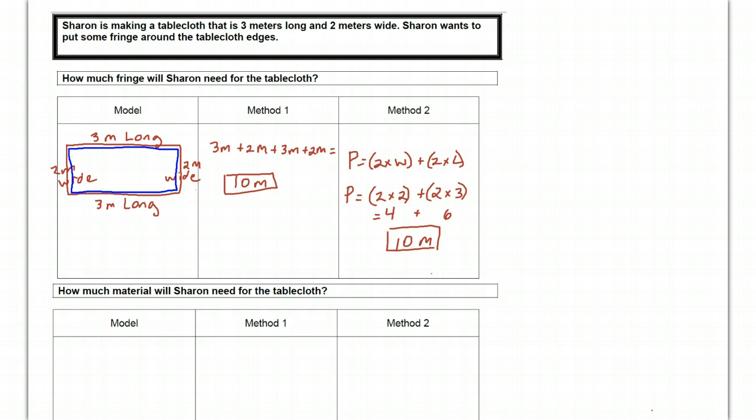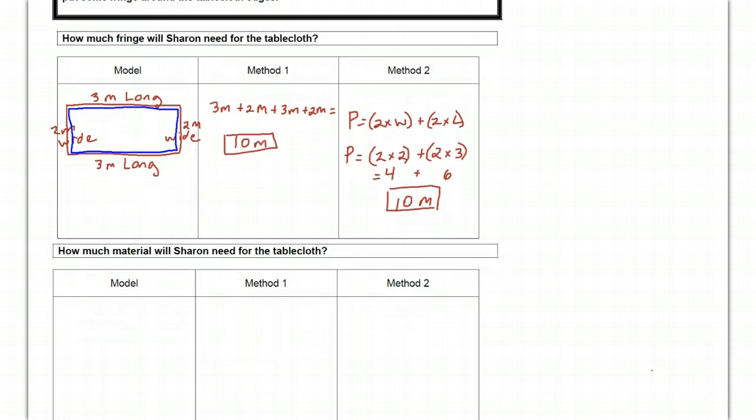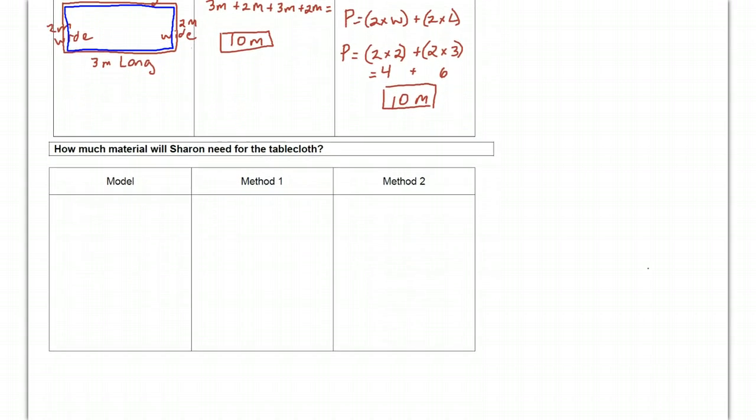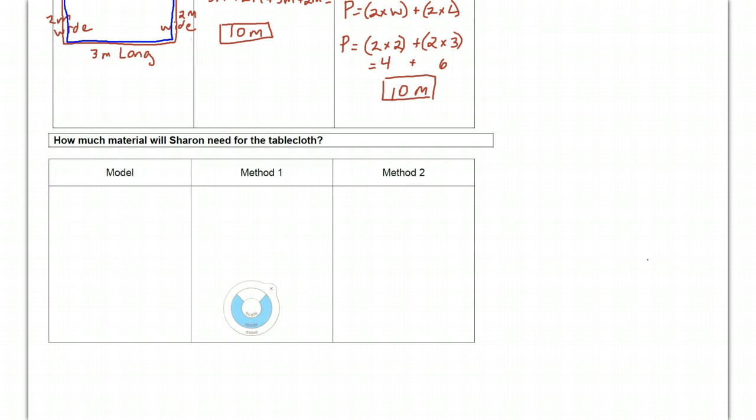Now, the next part of our problem states how much material will Sharon need for the tablecloth. So now we're looking at the entire tablecloth. Let me move this question up a little bit so we can get a better look at this. Alright, so now we've got the question we want to look at.